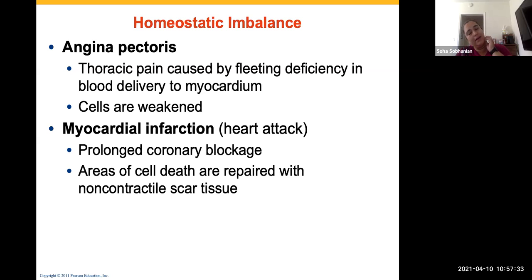So it literally depends on your doctor and how severe the blockage is. If the blood vessel is about 50% blocked, then they usually use angioplasty. But if the blockage is like 90%, they just do a bypass surgery, because it's easier to make sure that the circulation of the blood is taking place.